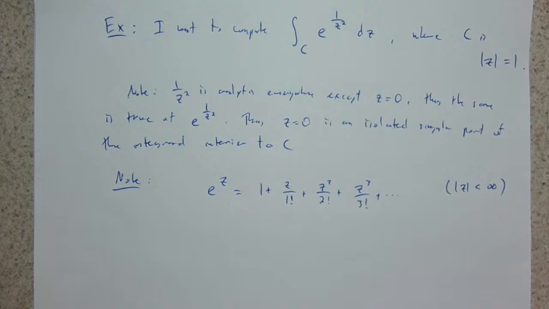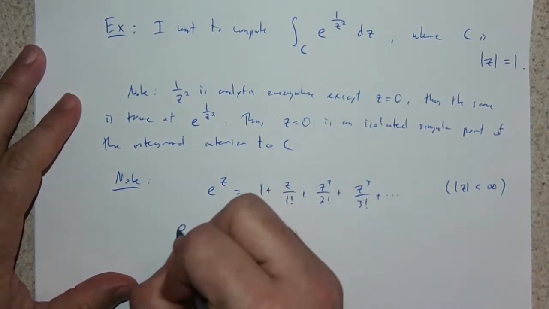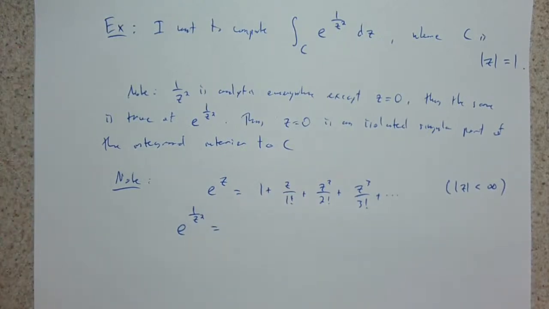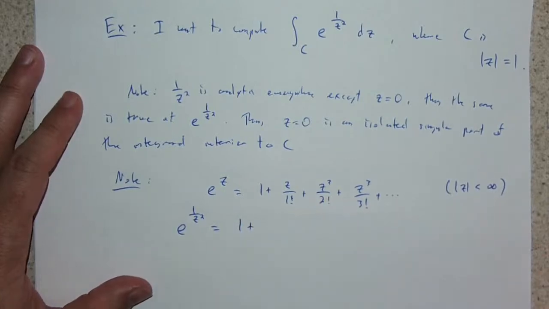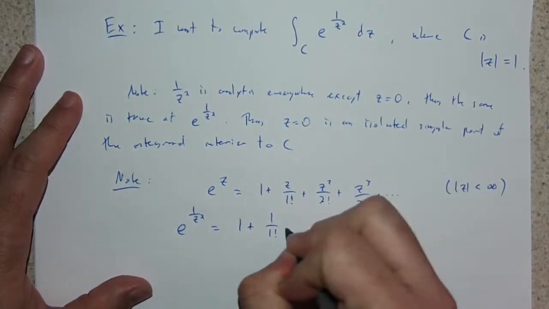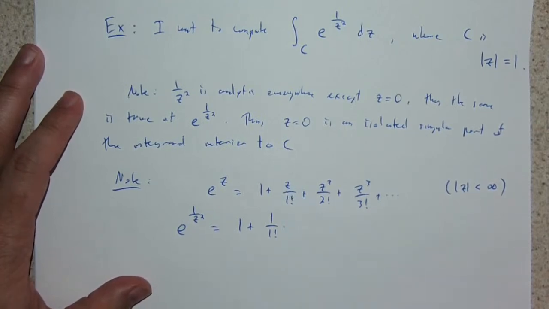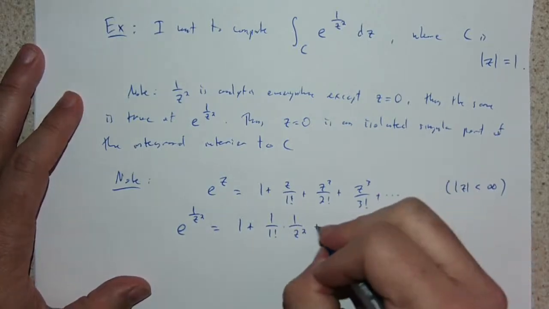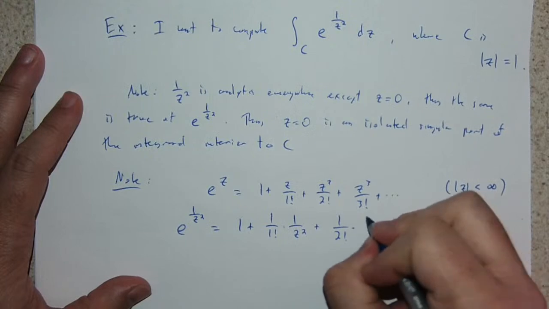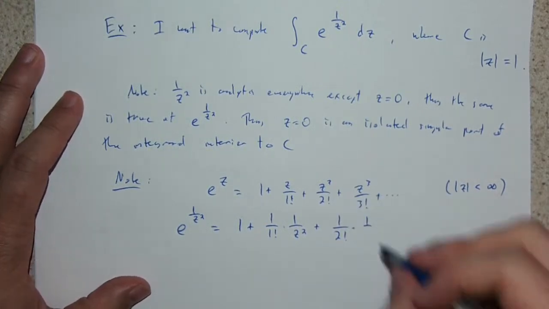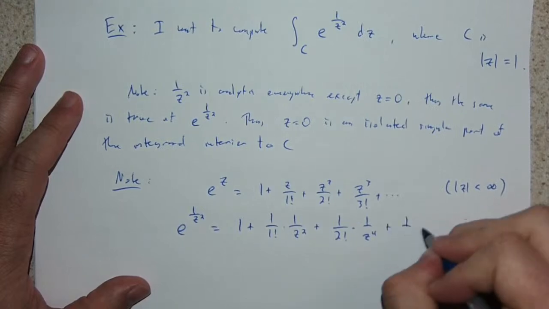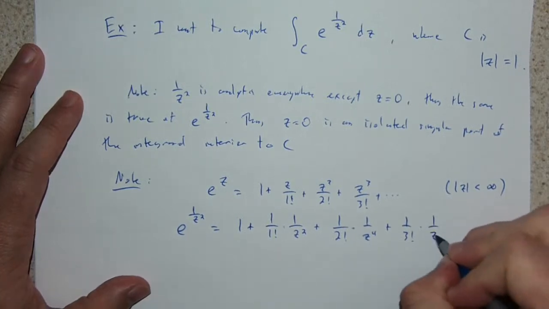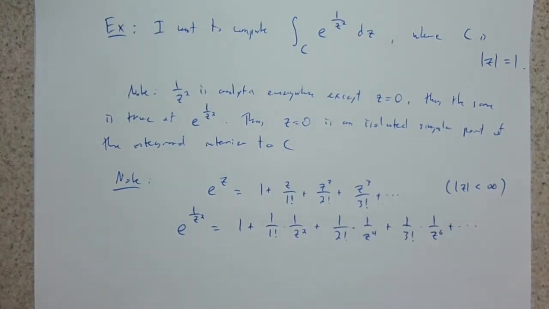So then what's my Laurent series expansion for e to the 1 over z squared? Well, this becomes 1 plus 1 over 1 factorial times, just plugging in 1 over z squared here, 1 over z squared, plus 1 over 2 factorial times 1 over z to the 4th, plus 1 over 3 factorial times 1 over z to the 6th, and so on.